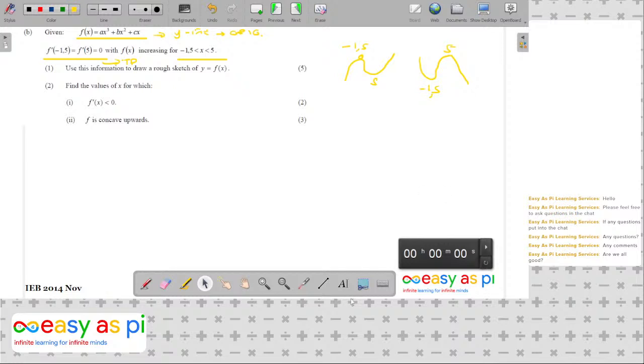Okay, here we go. All right, so if we think about it, what we should know is that this is actually a decreasing function, right? It's a decreasing function because it's increasing between minus 1.5 and 5, which means that it looks something like this. So it's going to go down, turn up.